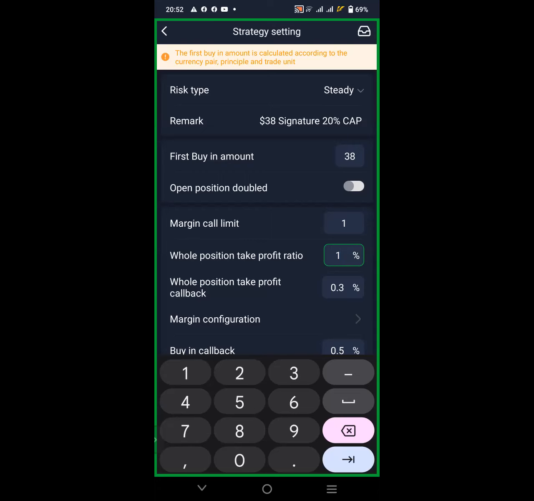It won't take the profit immediately. It will allow that possibility to happen. And then if there's a dip from 2% and there's a drop by 0.3%, it means you will now have 1.7%. The robot is going to lock in the profits and take profit for you. That is the beauty of the whole position take profit callback.